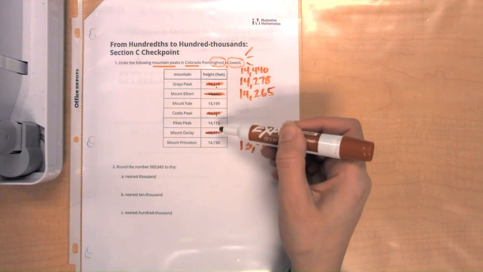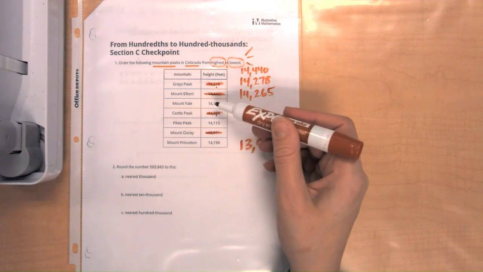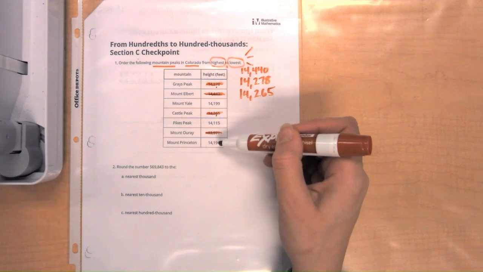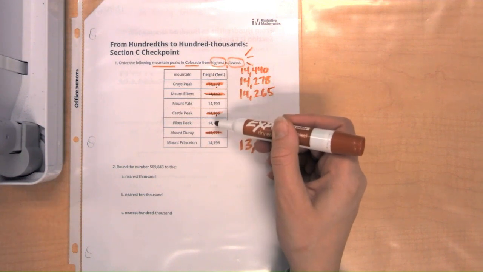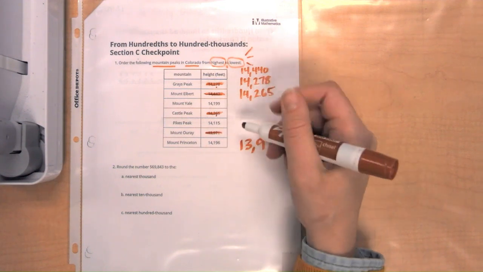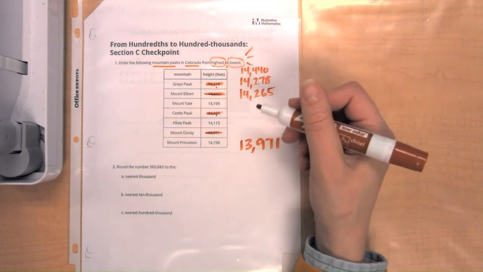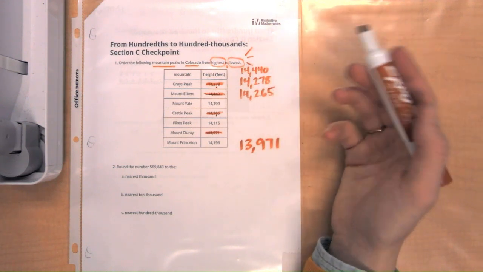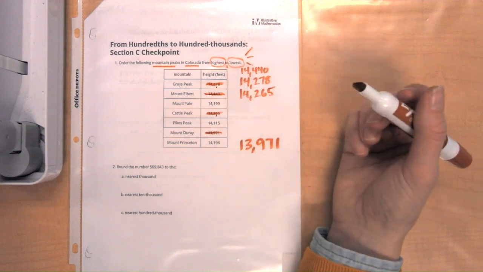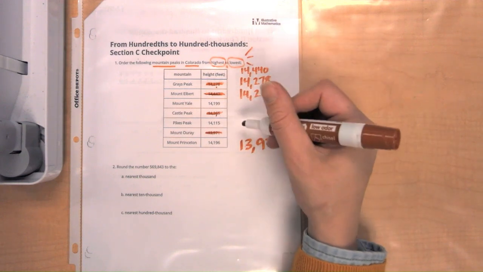Then I'm going to move to what I have left. 1, 1, 1. I got 14,199. I got 14,196. I got 14,115. Well, I know that one's the smallest, or I can do the tallest. Well, I guess it would be tallest, wouldn't it? I can do the smallest, or I can do the biggest, whatever you want to do.